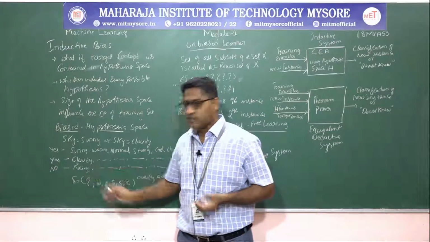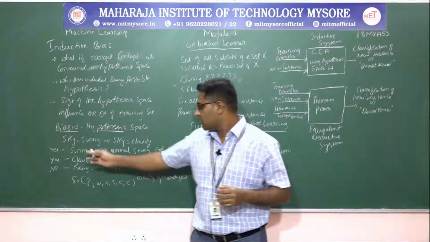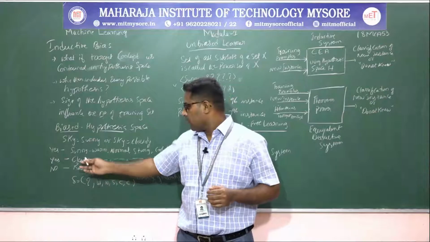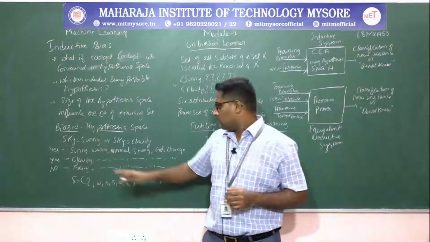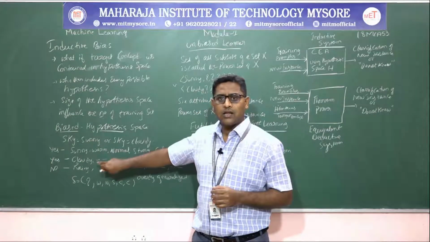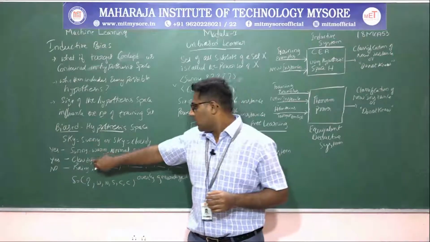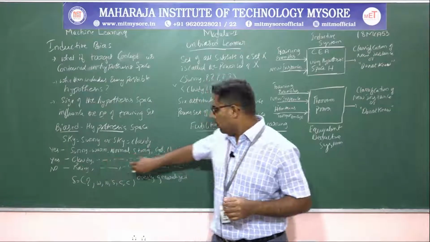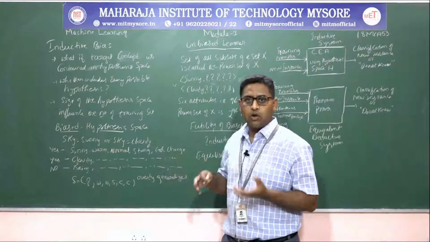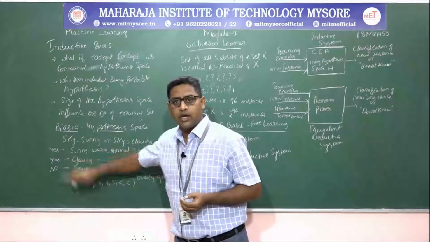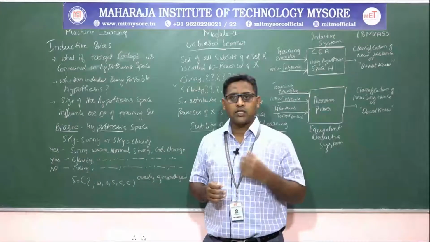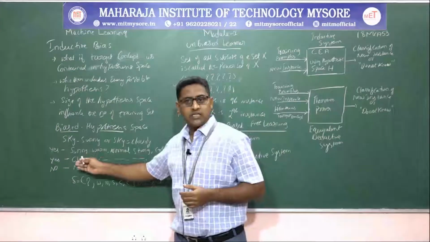So these are the specific values which are already present, the first one and the last one. Now in between, another case you will be taking up is sky being cloudy. Even though the sky is cloudy, if you still say it is a positive day for enjoying the water sport, yes, then it is acceptable.